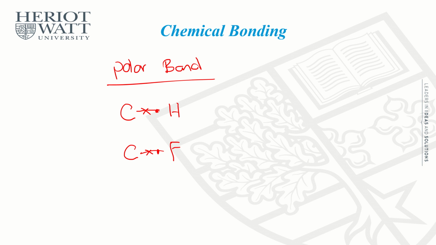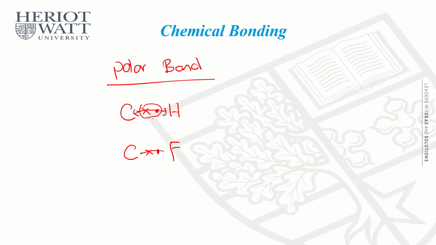So what is electronegativity again? Electronegativity is the tendency to pull electrons, which means between carbon and hydrogen, the pulling force across this shared pair of electrons is quite similar. So carbon will exert a certain force on the pair of electrons, hydrogen also exerts a certain force on the pair of electrons, and both pulling forces are almost the same.